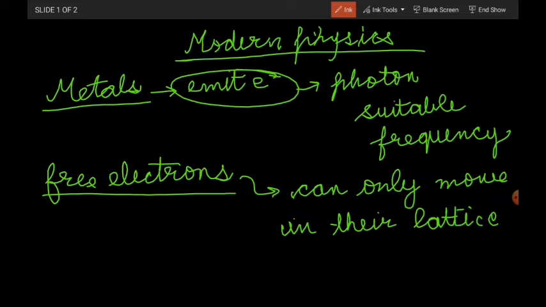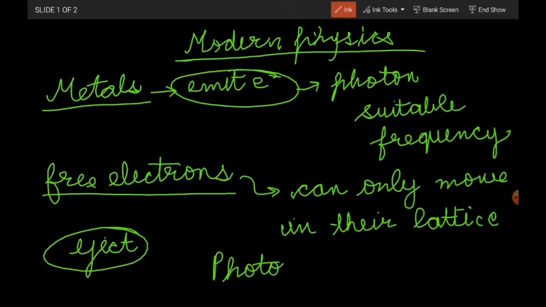But if we have to eject these free electrons from the metal surface, then in this chapter we are going to discuss the same part. The chapter is Photoelectric Effect. So here we are going to deal with how we can emit the free electrons from the metal surface.